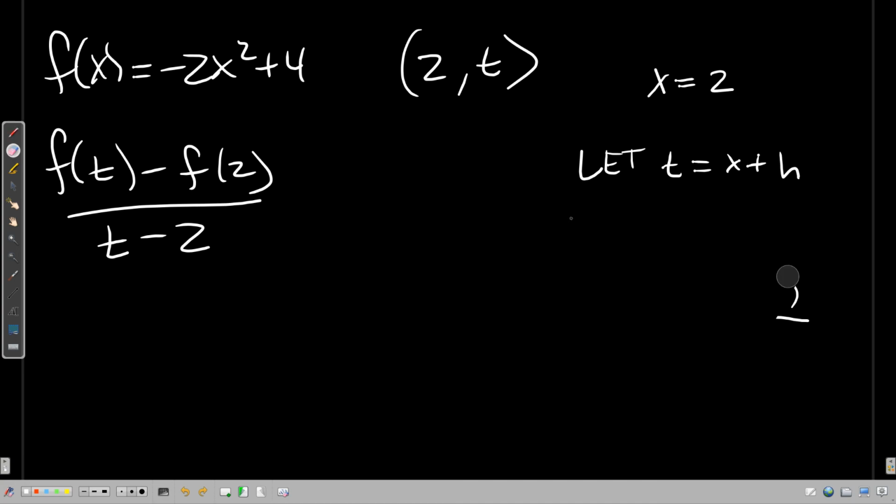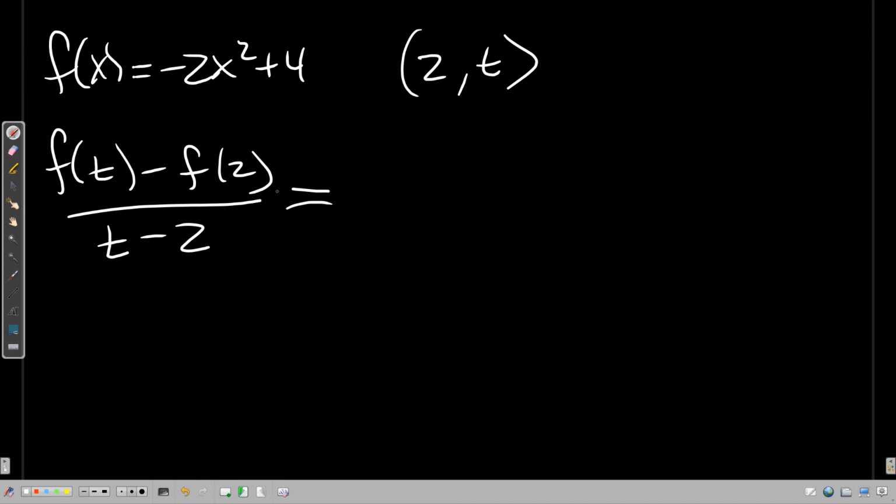Anyhow, I don't dislike that one, but I think this one's easier to work with and easier to understand because it's something you exactly know. It's the slope. It's nothing different than the slope.